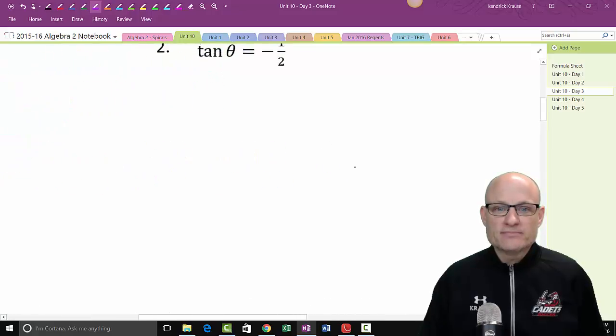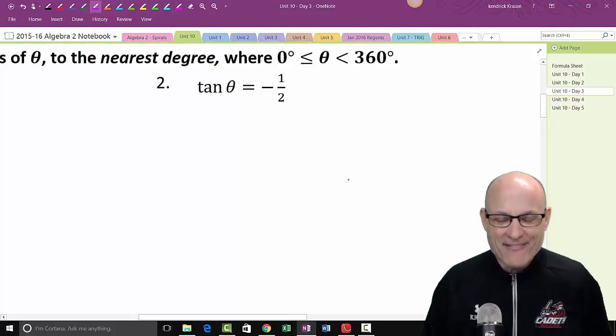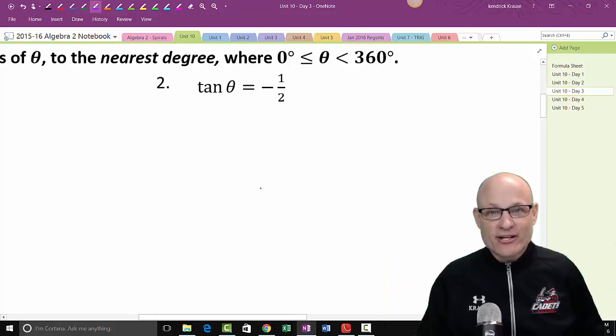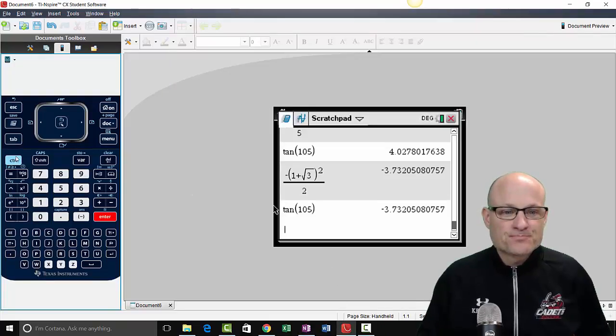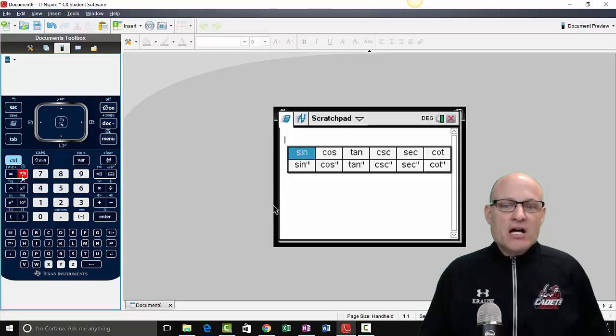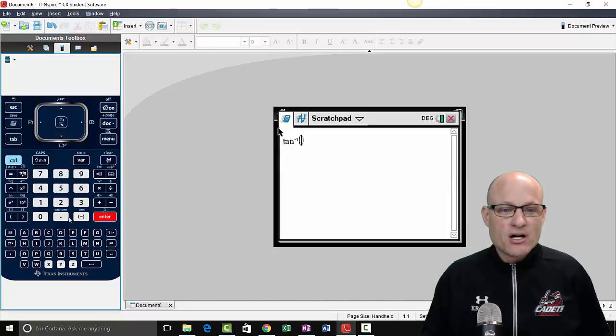Wow, that wasn't bad. Let's try this one. Tangent equals negative 1/2. I don't have a clue. It's negative 1/2. So I got to go over my calculator. And I got to say, calculator, help me out, man. I am in degree mode, which is good. I'm going to do the inverse tan of 0.5.